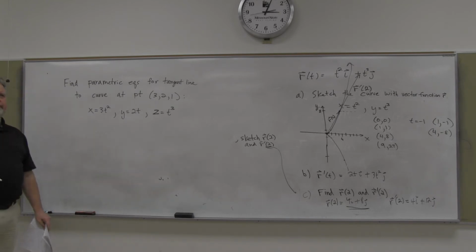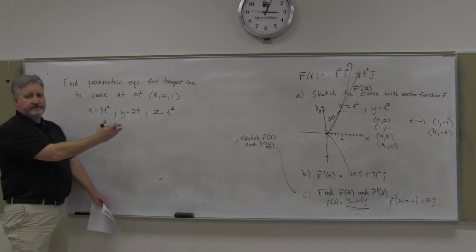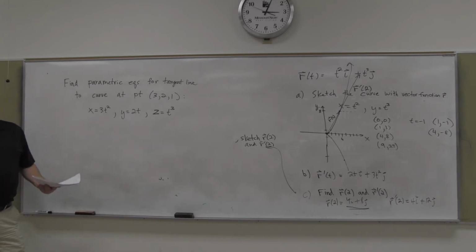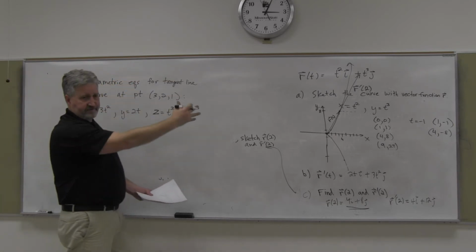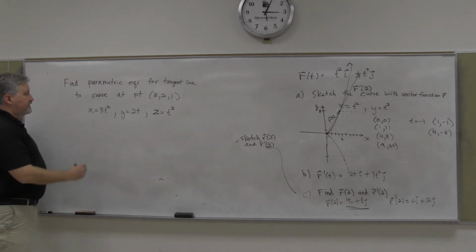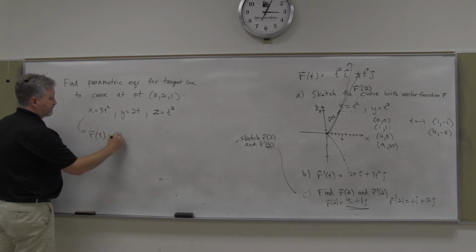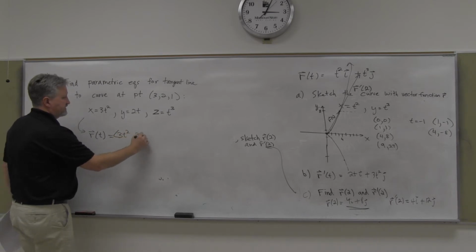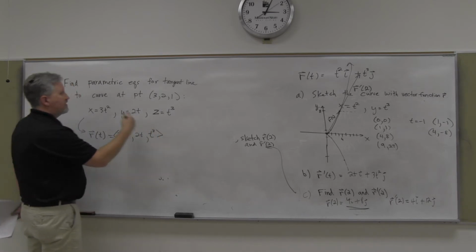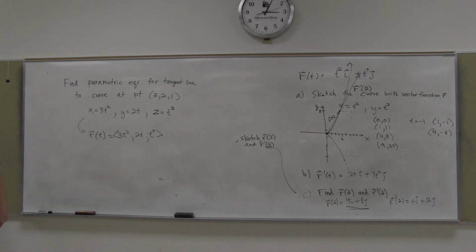So what we haven't talked about, all right, so this is a space curve, is the tangent line to a space curve, but under the vector function umbrella, if you will. If I think about this as a vector function, 3t squared, 2t, t cubed, then I can get a specific tangent line by using the vector derivative, right?